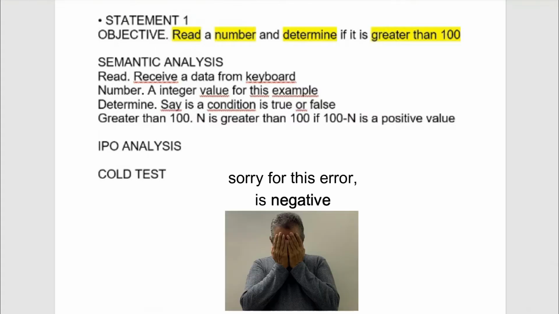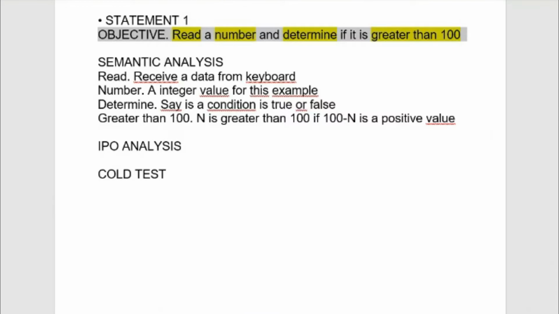This is a definition. Now remember, you choose the keywords here. Then you define in a semantic analysis each word. If you define these words really easily, you can say, I really understand the objective.